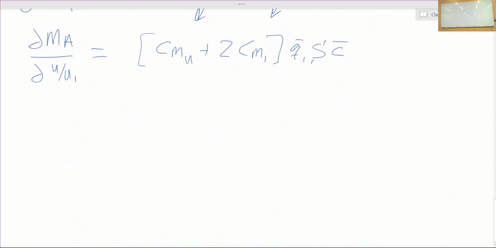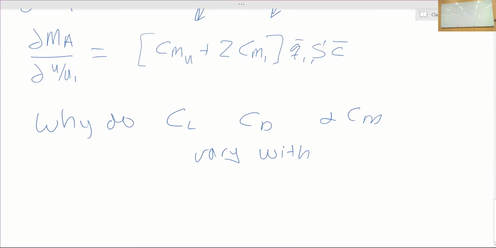Now I'm going to ask another, not philosophical, but let's go back and make sure we're doing this, is why do CL, CD, and CM vary with forward velocity when CL is lift divided by dynamic pressure, which includes the velocity change.